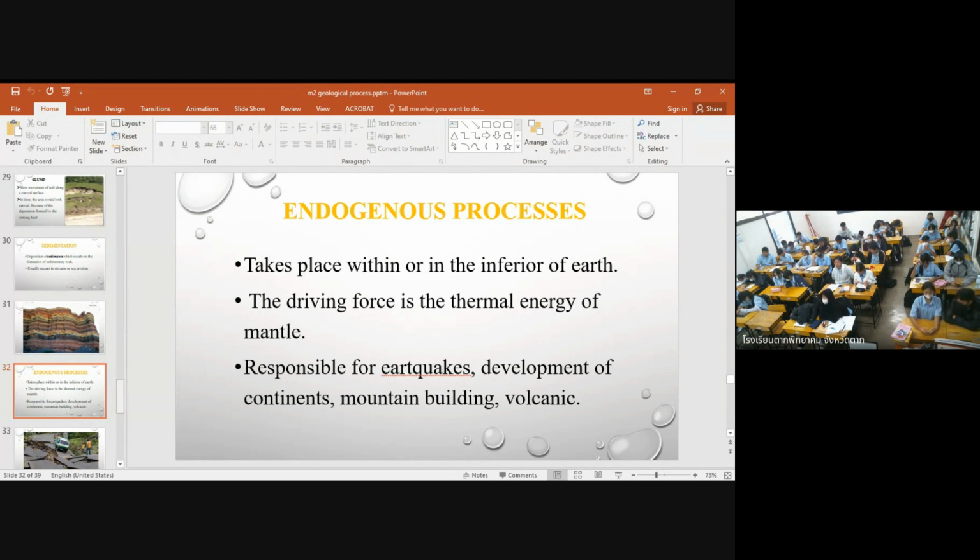So indigenous processes are responsible for earthquakes, development of continents, mountain building, and volcanic activity.